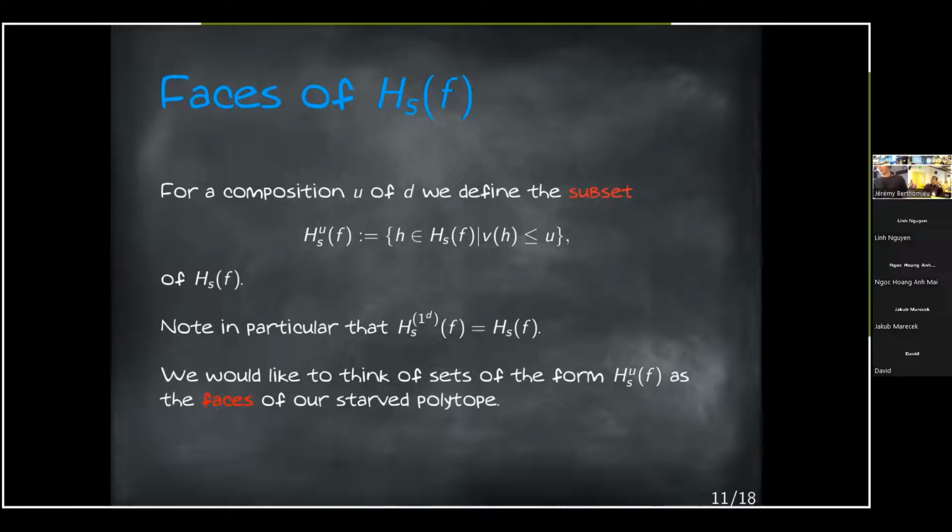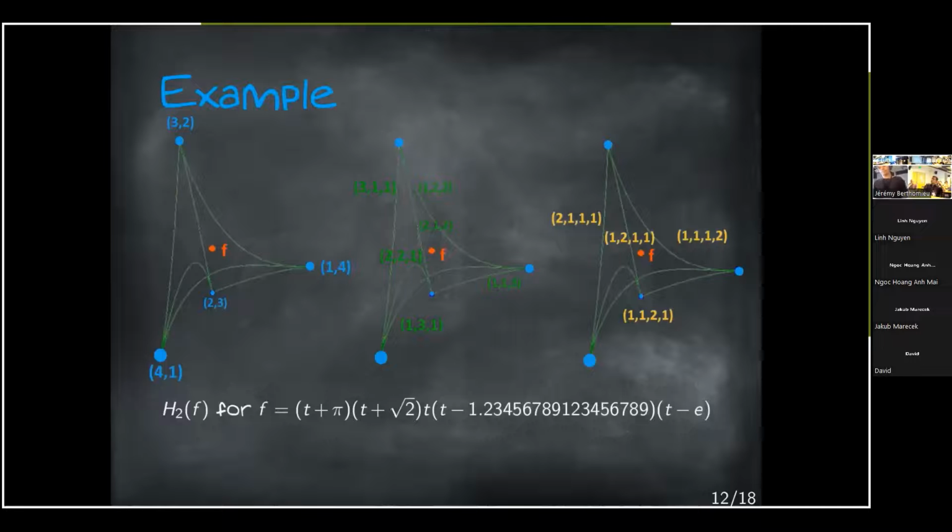Let's look at an example. In this case, we have a degree 5 polynomial, as you see below, and we let S be equal to 2 again. In the leftmost picture, we can see these 4 extreme points, and the corresponding composition is written next to them.